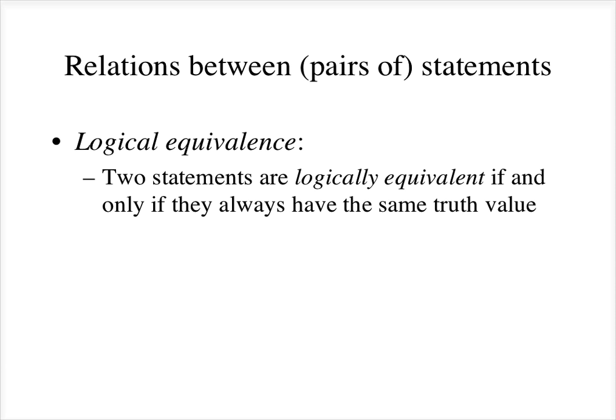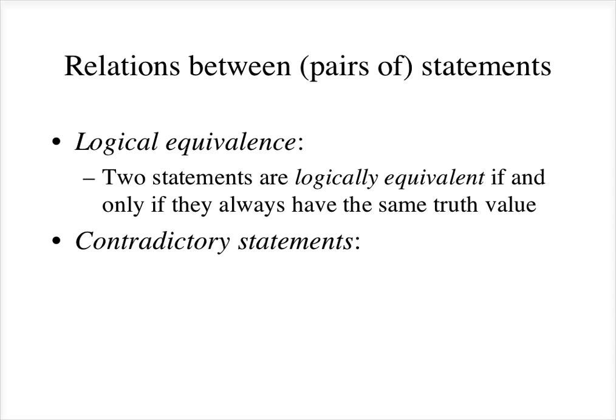Two statements are logically equivalent if and only if they always have the same truth value. So if one statement is true, then the other statement that is logically equivalent to it will also be true. And likewise, if a statement is false, then any statement that is logically equivalent to it will also be false.